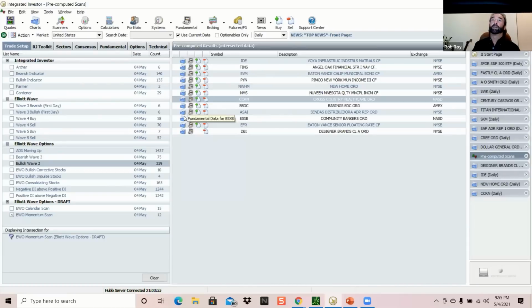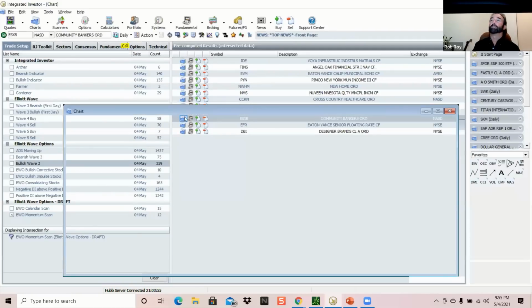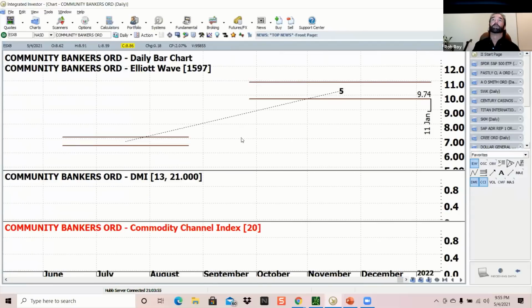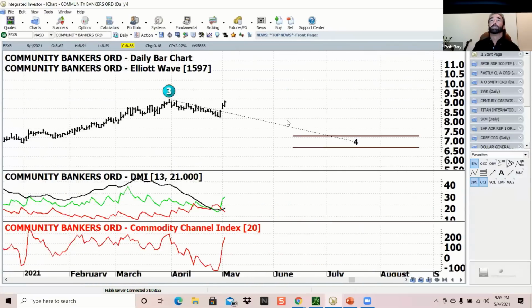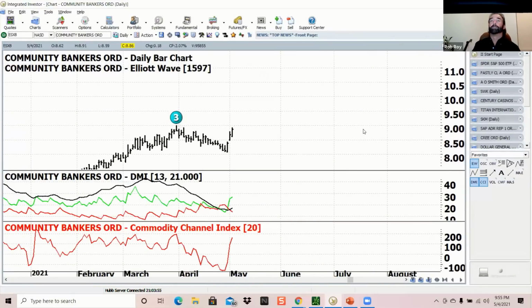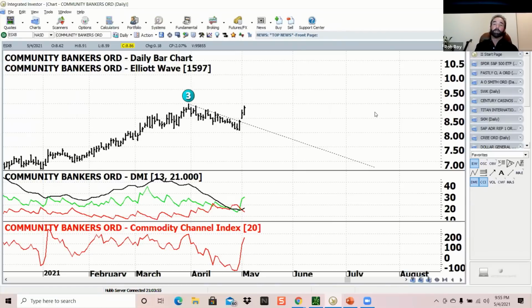And community bankers, let's see what that one looks like. Another financial. Now, the reason that the financials had a little bit of a tick up today is Janet Yellen came out and talked about interest rates might need to go up. And we've talked about this with financials in the past, that financials make money based on the spread, right? So you look at the 2s and 10s is what you normally hear.